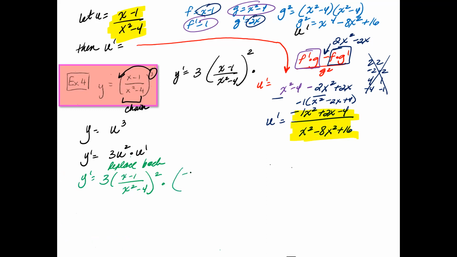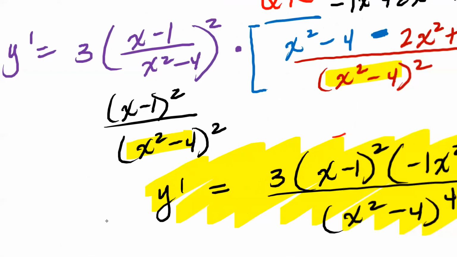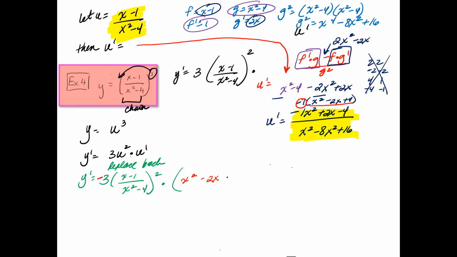So that will be a negative x squared plus, actually, you know what I'm going to do is take this negative 1, multiply here, so it becomes a negative, and then I'm just going to take inside this part to have it as x squared minus 2x plus 4, all the way over x squared minus 8x squared.